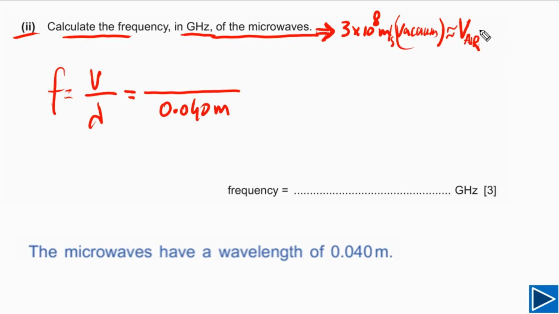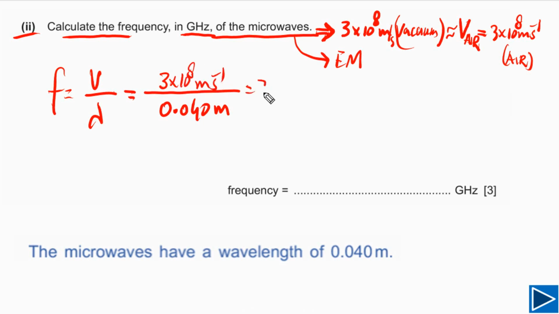So the speed of electromagnetic waves in air is also equal to 3 times 10 to 8 meters per second. Microwave is also an electromagnetic wave, so its speed is also 3 times 10 to 8 meters per second in air. So simply we can write down here, the speed of microwave in air is 3 times 10 to 8 meters per second.